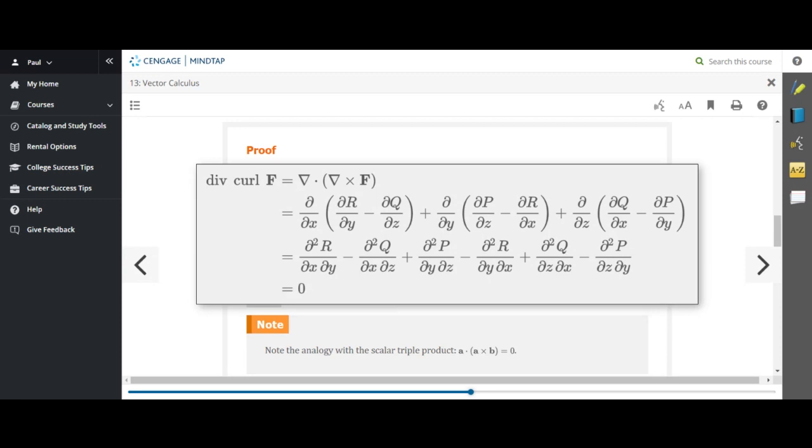And because by Clairaut's theorem, the mixed partials, I want to say this the right way. This is Clairaut's theorem.